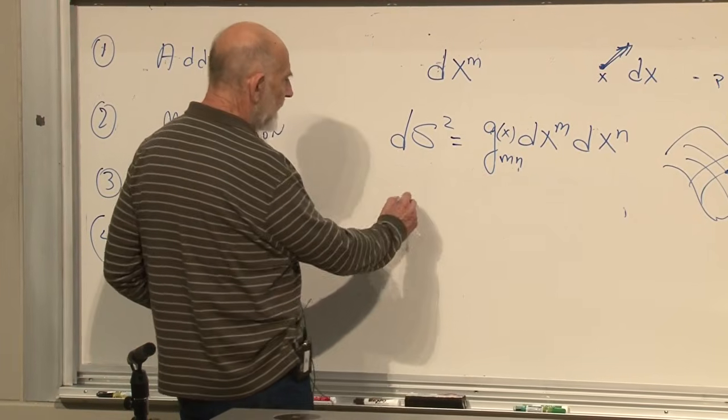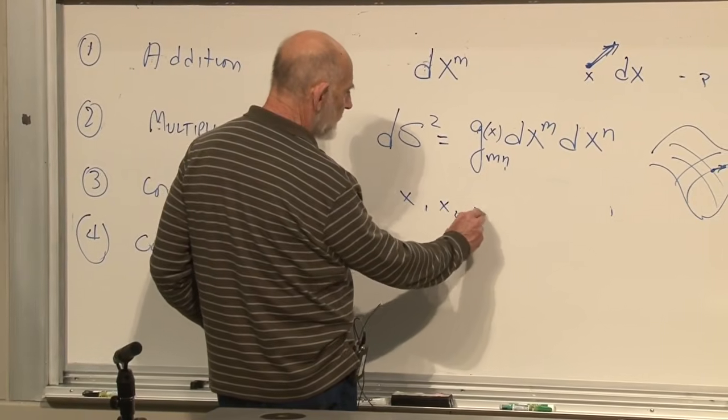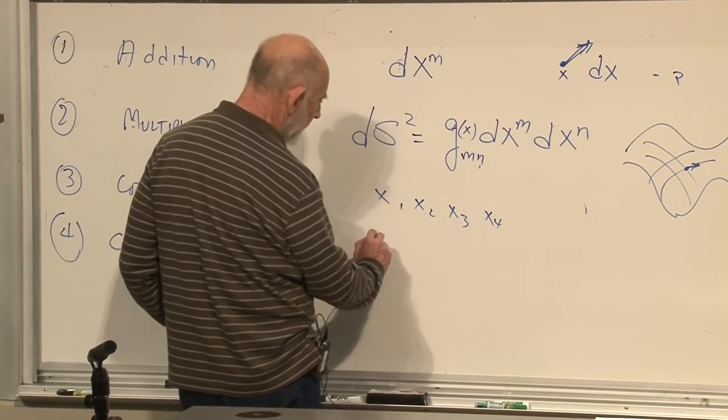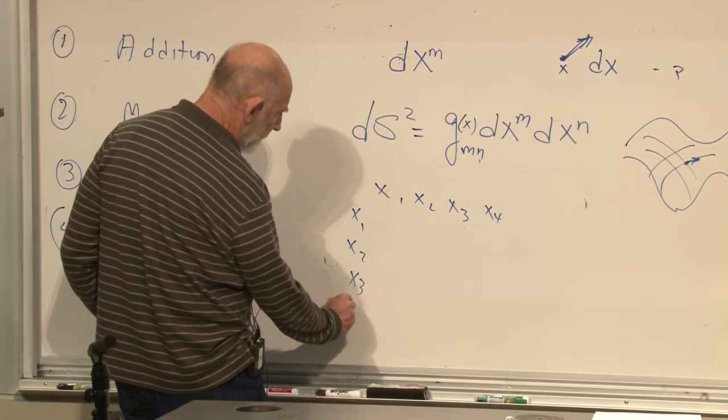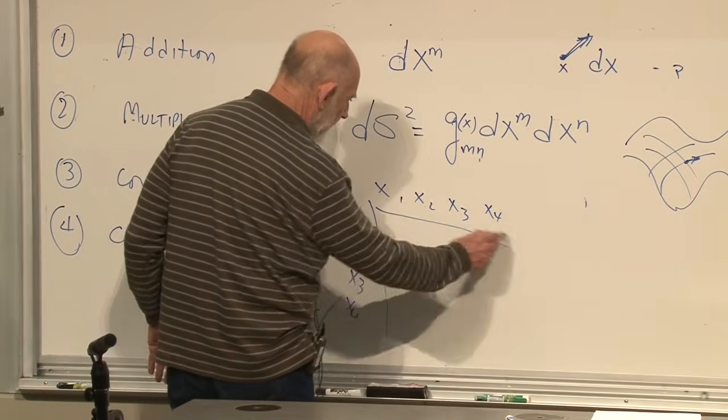Well, here's what you count. x1, x2, x3, x4, x1, x2, x3, x4. Make a sort of matrix.